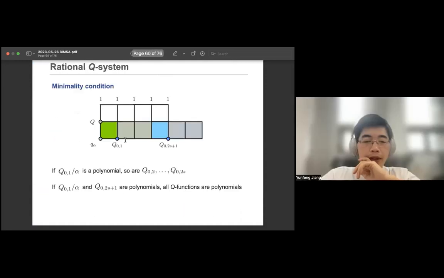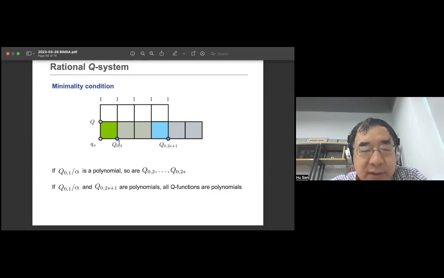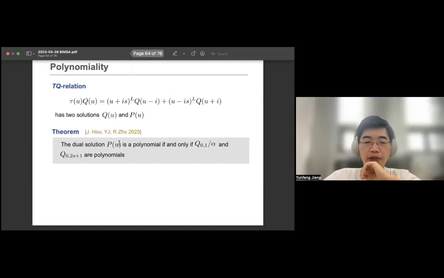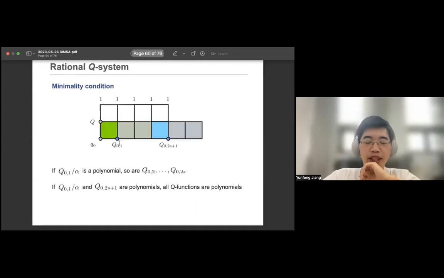Yeah, I've been thinking about that. You mean all these Qs? The only ones which have some meaning, or I'm not sure if it's physical, are some special ones. Like here, this Q is the Baxter polynomial, and this Q is related to the transfer matrix.